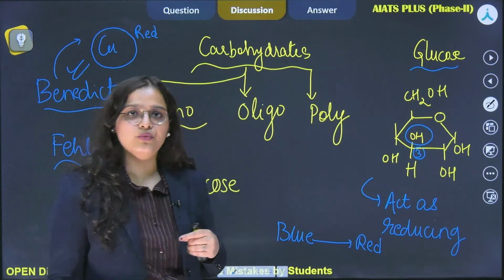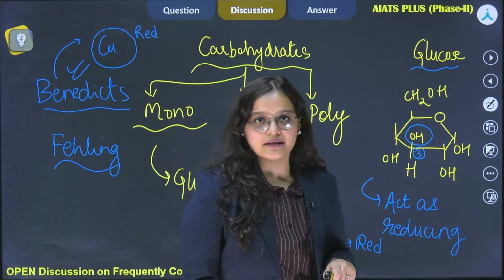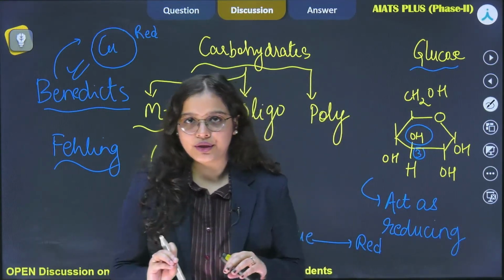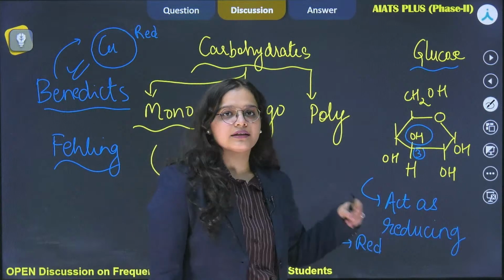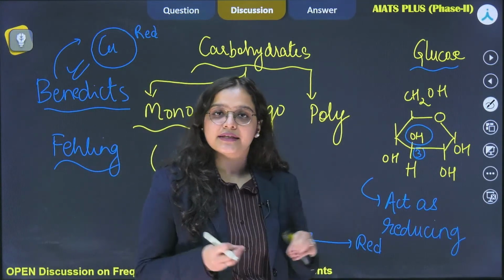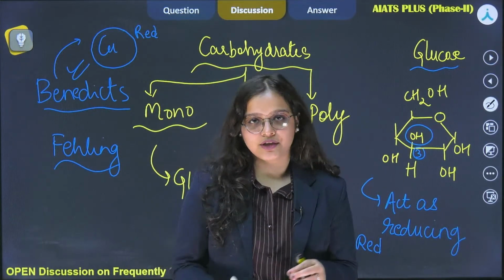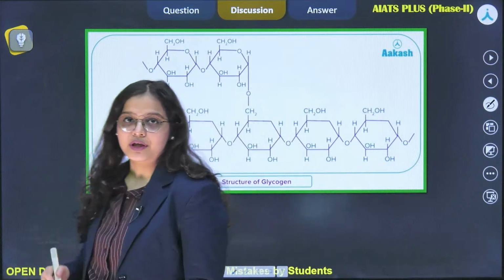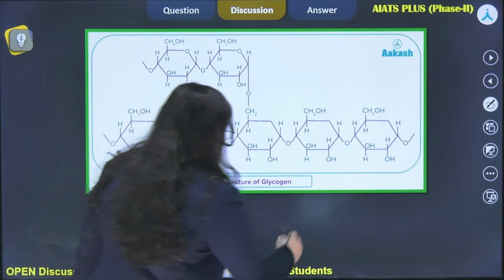So this is how we identify whether there is a presence of a free group or not. If there is a reaction in the chemical solution, it will indicate that there is a free group which is interacting, and we can call it a reducing sugar.